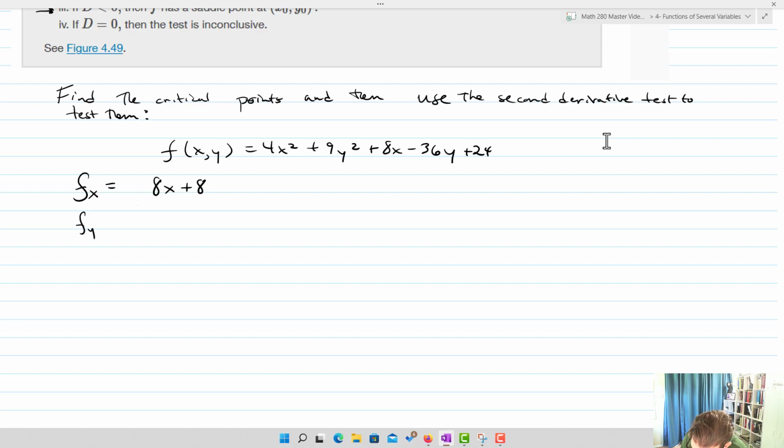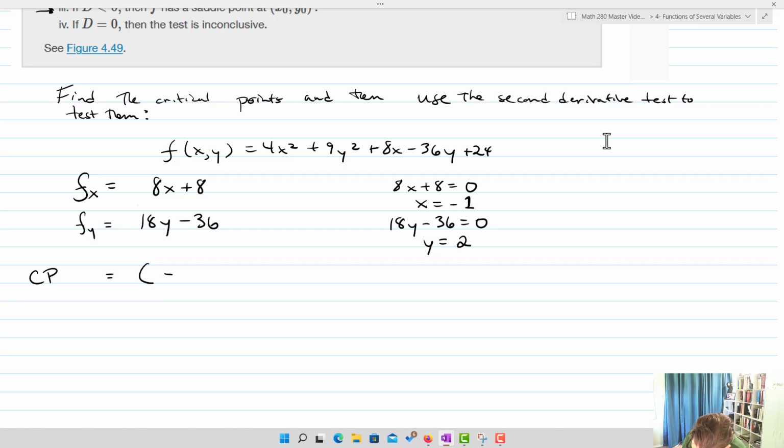And fy gives me 18y minus 36. We'll set 8x plus 8 equal to 0, so x equals negative 1. And we'll set 18y minus 36 equal to 0, so y equals 2. So our critical point is negative 1, 2. There's our critical point.